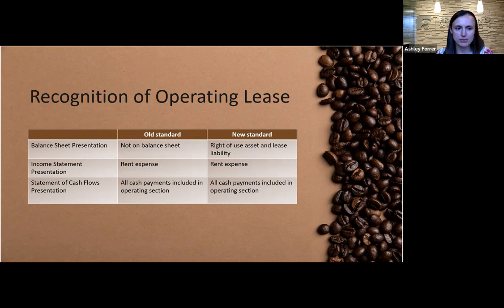And then our statement of cash flows presentation remains unchanged as well. Just all cash payments are included in the operating section of the statement of cash flows. So our biggest change here on that operating lease is just that balance sheet presentation, where we now have a new asset and a liability on the balance sheet.